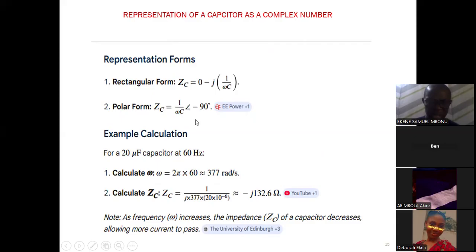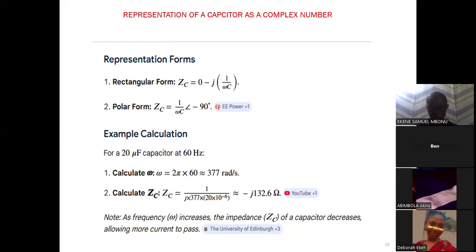Let's look at this example calculation. For a 2 microfarad capacitor at 60 Hz, we are required to calculate ω. When we calculate ω, that is 2πf, we get approximately 377 radians per second. Then we plug it into the appropriate equation to get that the capacitive impedance is 132.6 ohms.